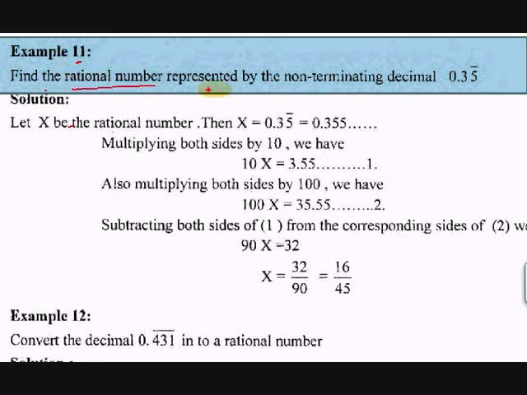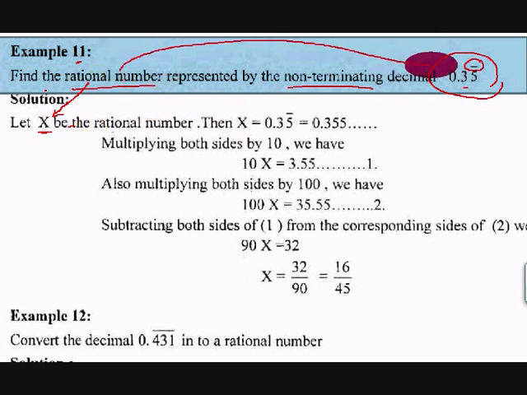Another example, example 11. Find the rational number represented by the non-terminating decimal 0.35 with a bar. You notice this dash on the top: that means that number alone is repeating, the 3 is not repeating. Let x be the rational number. Then x is equal to 0.35555.